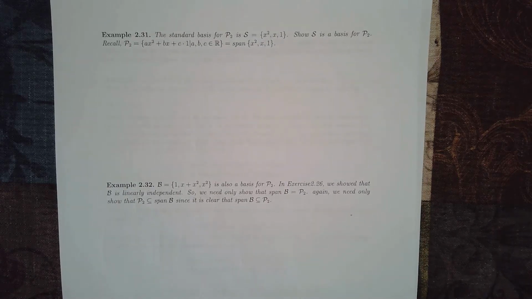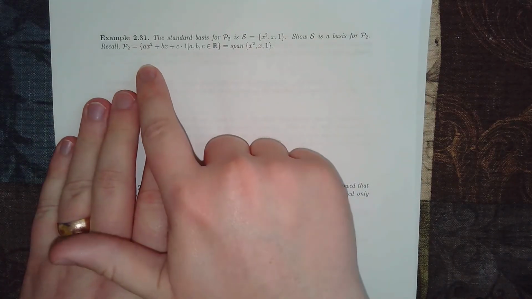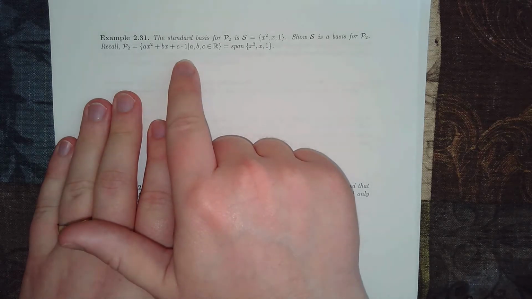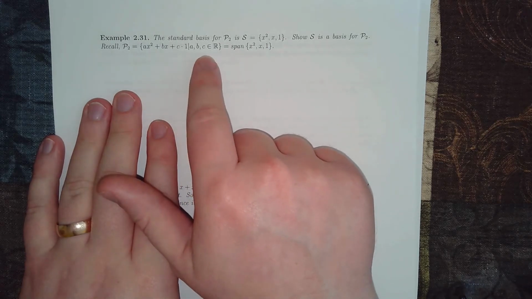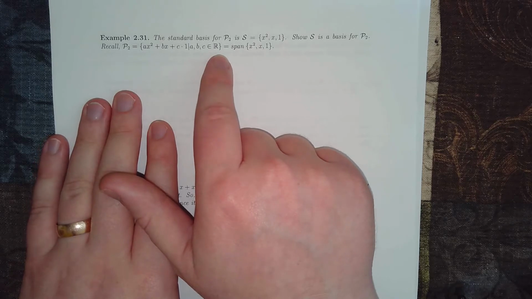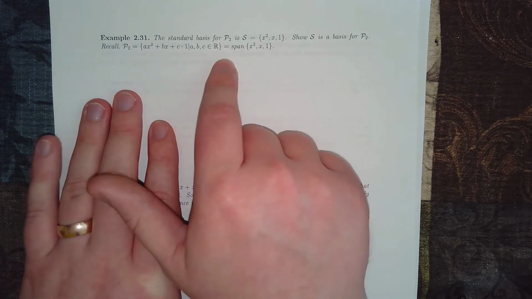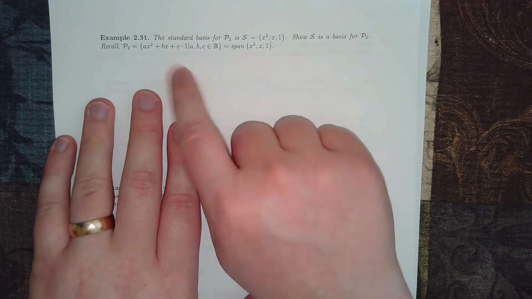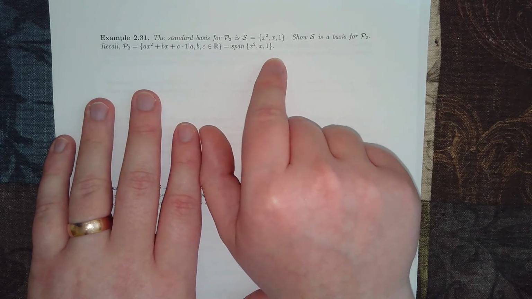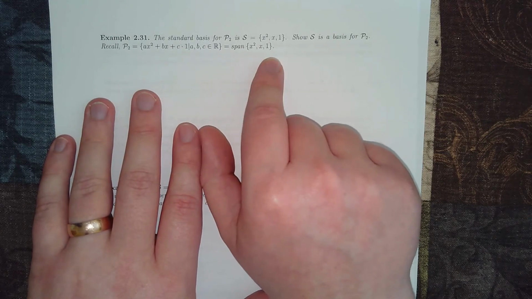Okay, so now let's talk about polynomials. The standard basis for P2 is this set S, which is x squared, x, and 1. We want to show that S is a basis for P2. Remember that P2 is the set of all ax squared plus bx plus c, such that a, b, and c are in the real numbers. And so here we already know that this can be written as the span of x squared, x, and 1.